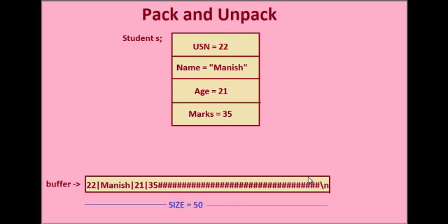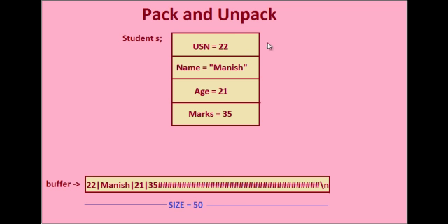Let's see what we mean by pack and unpack. I have a student object. I have values in their fields: USN, name, age, marks. Suppose I want to write these values into the file. So what I'll do is I'll take a buffer.